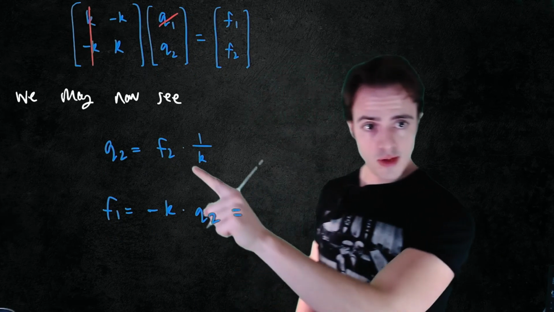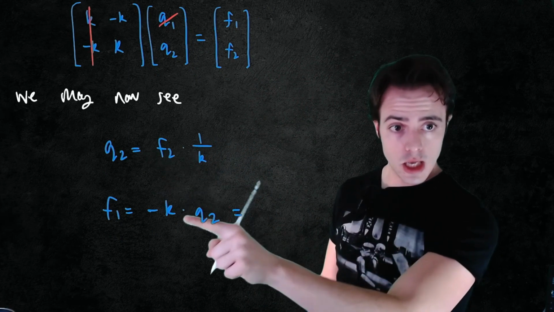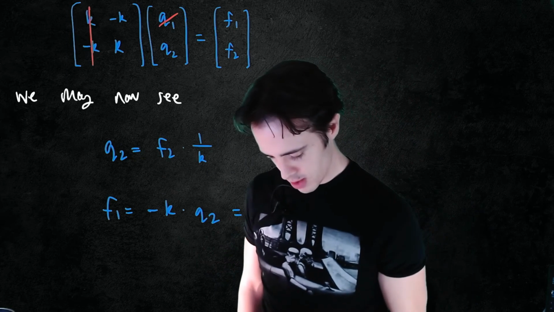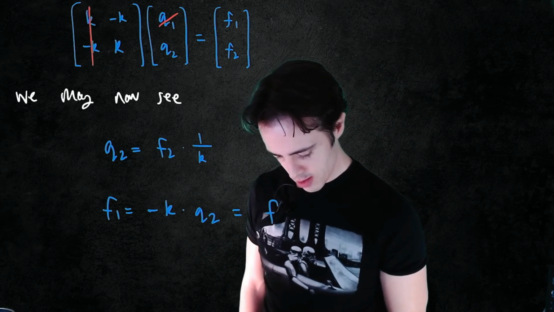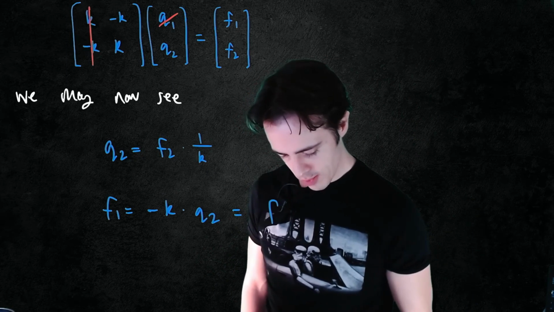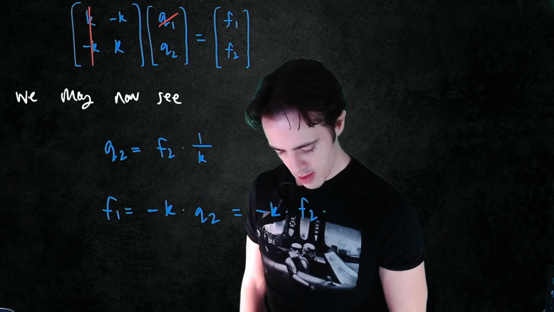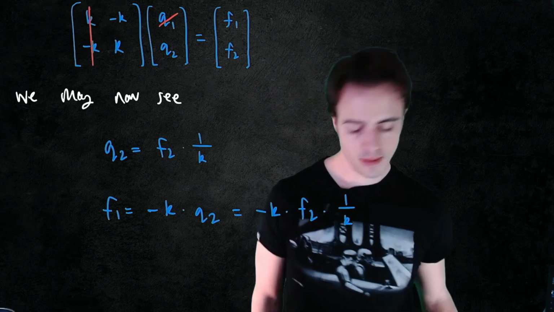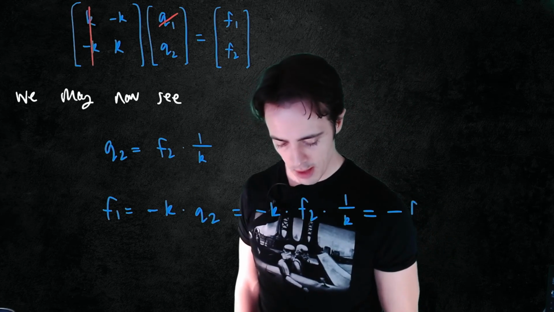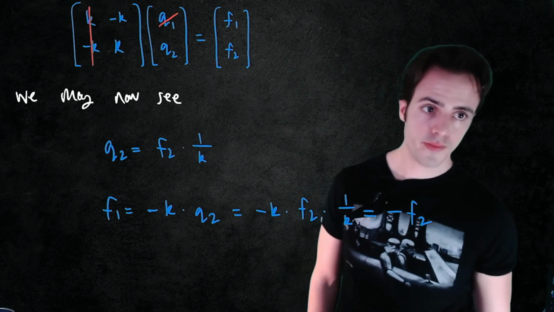We should be able to see that if we substitute this value of Q2 in here, we end up with minus K multiplied by F2 multiplied by 1 on K, which is minus F2.